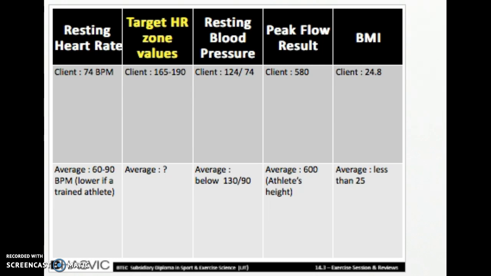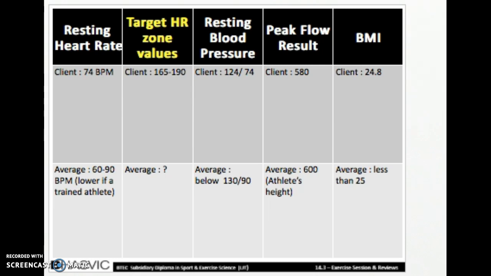Peak flow result for the client was 580. As results are done by height, the average for the client's height is 600, so it's a little bit below. The client's BMI was 24.8, and the average is less than 25, indicating that he is again healthy.